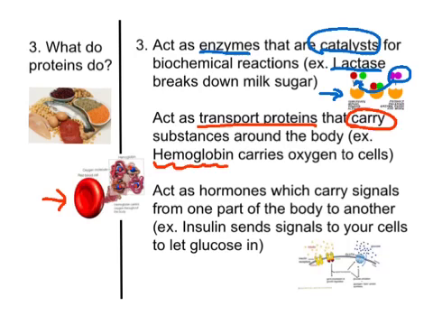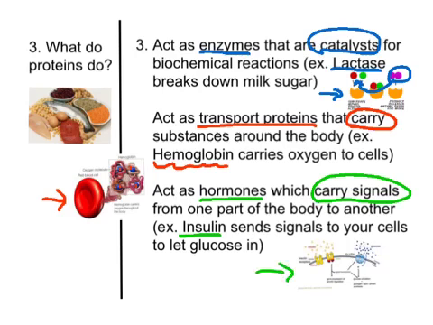And the third function is proteins also act as hormones, which carry signals from one part of your body to another. So a good example of this is insulin. Insulin is a protein hormone that's made in your pancreas, and it goes around and basically signals your cells to let glucose in so that they can have energy in order to survive.